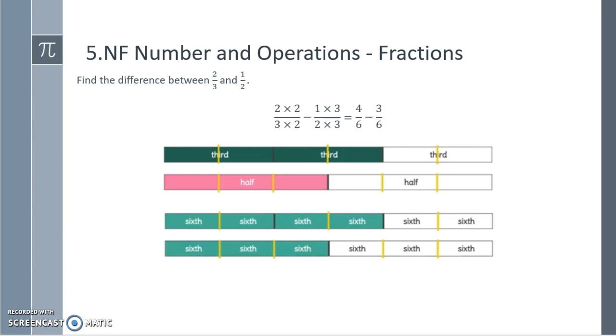And notice that we cut the thirds into 2, so we multiplied by 2. We cut the halves into thirds, multiplying by 3. And now we can take 4/6 minus 3/6, so 4 copies of 1/6 minus 3 copies of 1/6 to get 1/6.